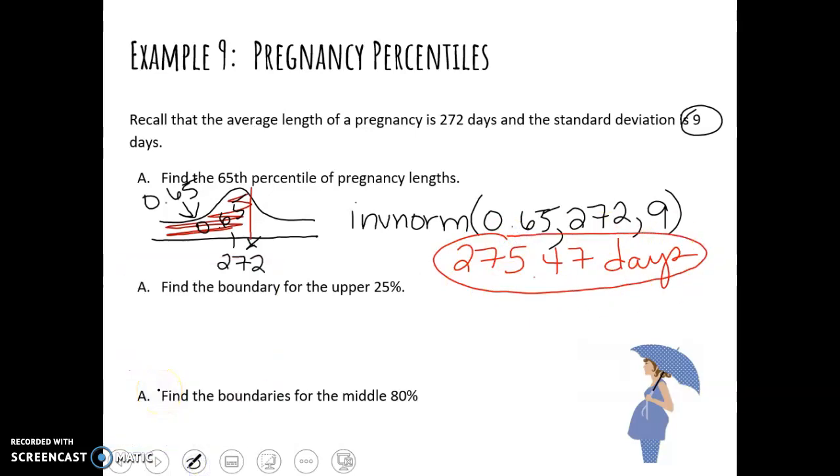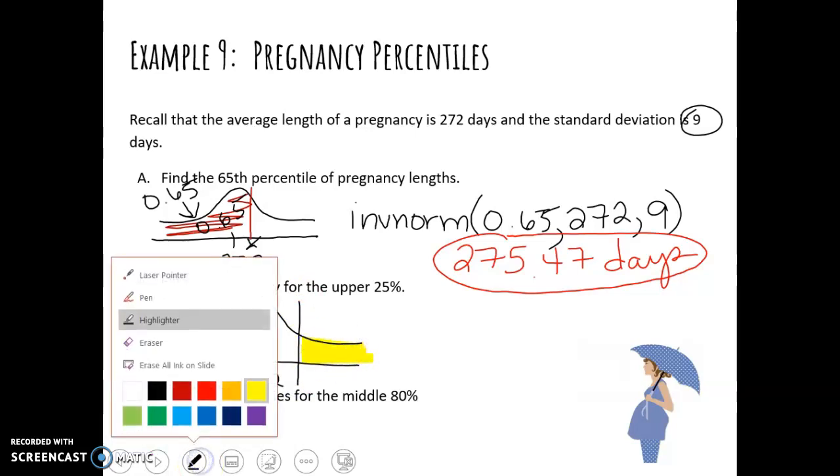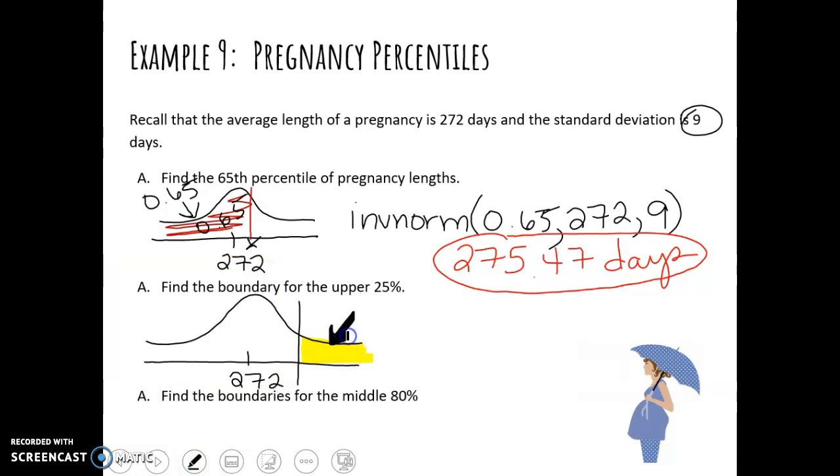Alright, so let's look at the next one. Find the boundary for the upper 25%. So 272 is still in the middle. The upper 25% is 0.25. Now, the upper 25% is separated from the lower 75%.